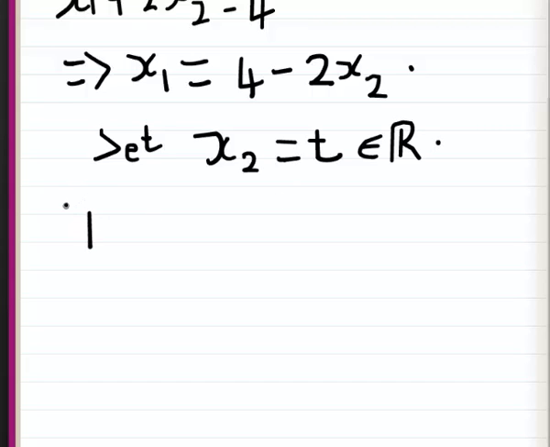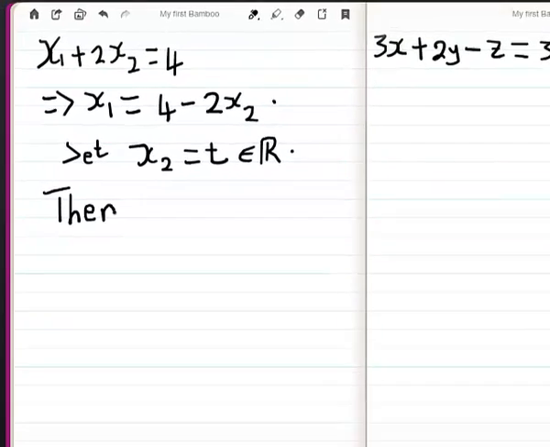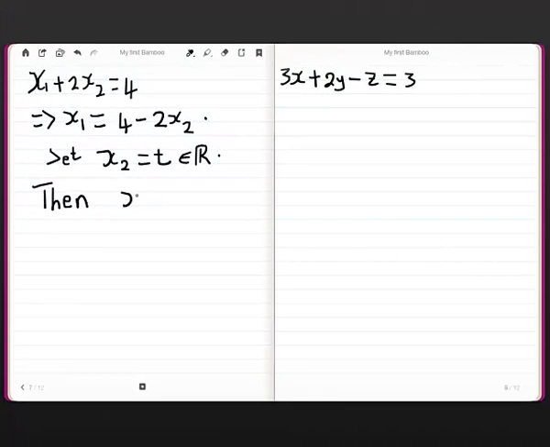If I do that, then we have that x1 equals 4 minus 2t, and x2 equals t, with our emphasis that t has to be a real number.